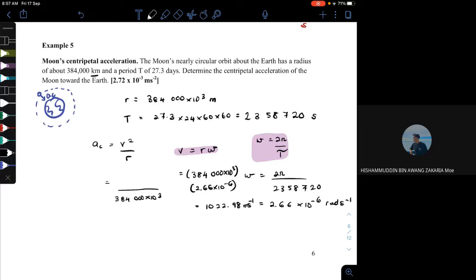Then you put it here, 1022.98 squared, divided by R. I want to double check my answer. Then you get your answer to be 2.73 times 10 to the power of negative 3 m/s squared. Okay, so that is the unit for acceleration.